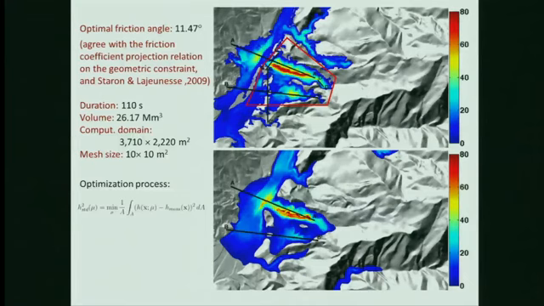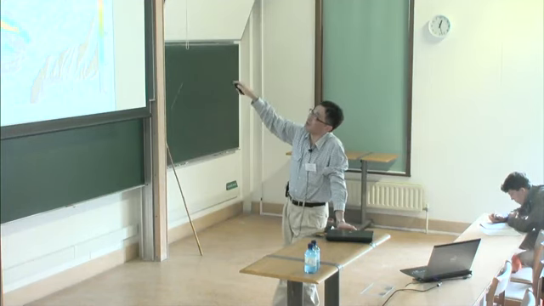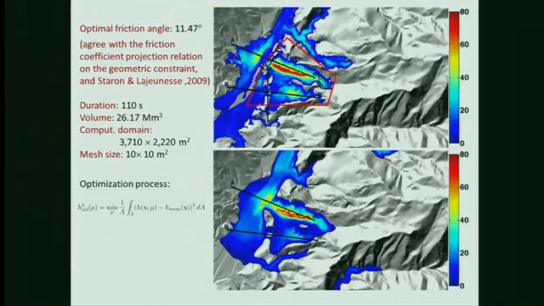After our optimization process, we calculated the center deviation and obtained that the optimal friction angle is around 11 to 12 degrees. This agrees with the friction coefficient projection relation on the geometric constraint, and also with the numerical study from Dr. Stara. The total duration is around 2 minutes.